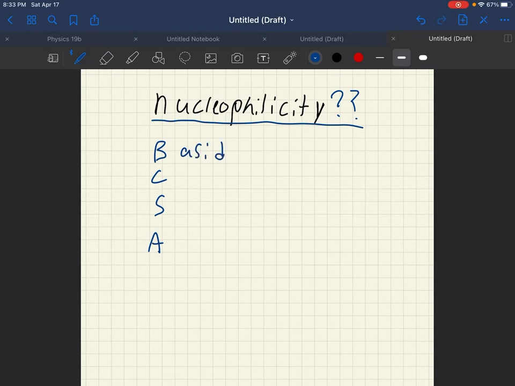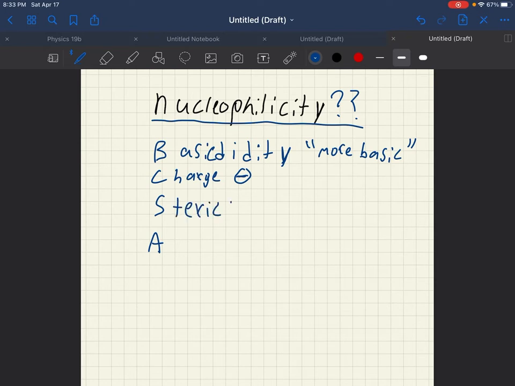Basicity. Spelled that wrong, but you get the drift. The more basic, the better the nucleophile. Next is charge. Good nucleophiles have negative charges. They're not neutral compounds. They usually have a negative charge. That's the best way to remember that.